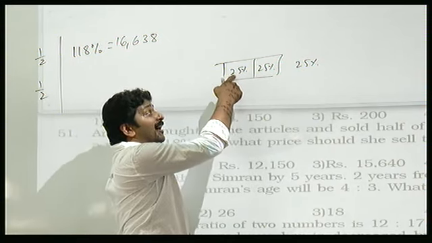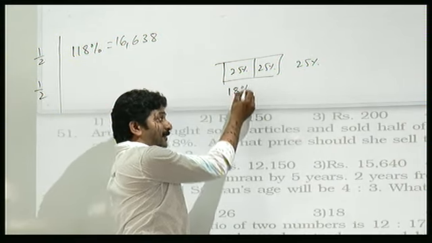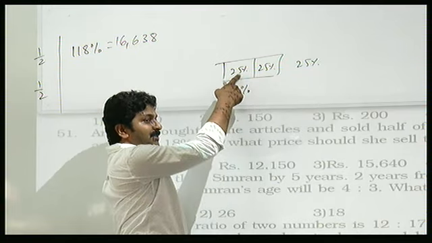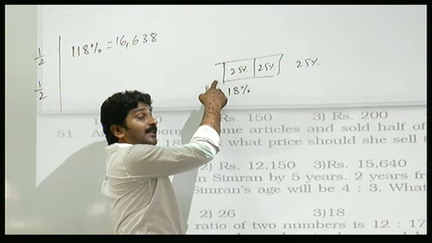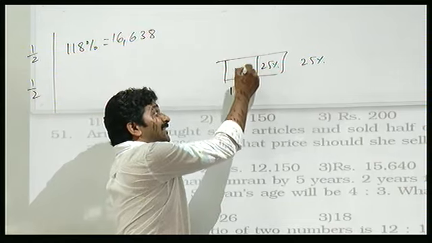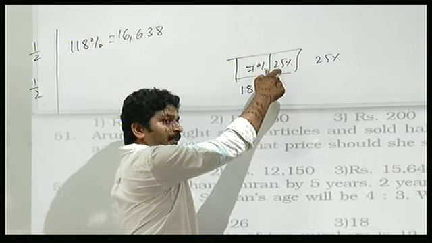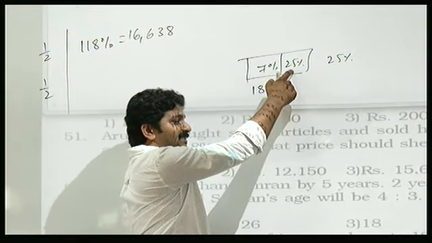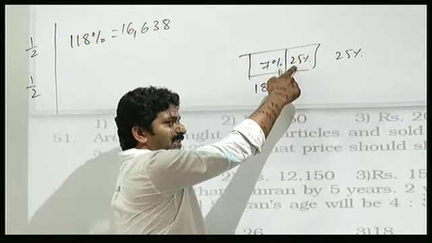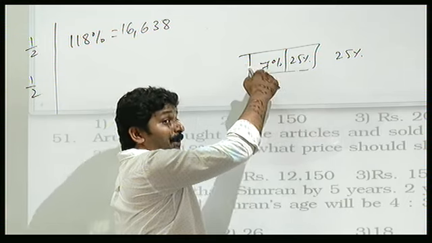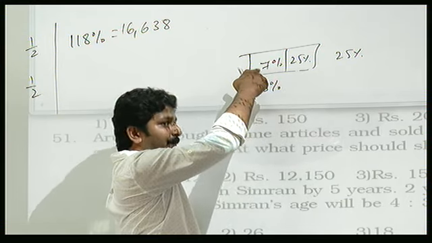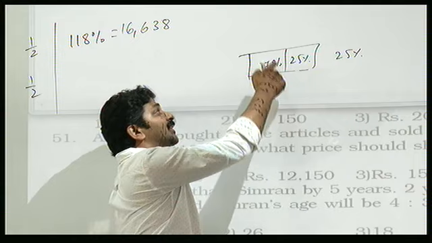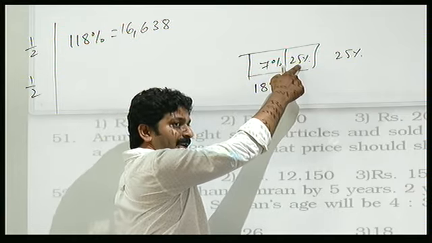So, the first half is sold at a profit of 18%. But we need 25%. So how much extra you need here? 7%. So you need this 7% from the second item only. As they both are equal quantities here, half item and this is half item, 25% is required on this, and to compensate the first one to make 25% from 18%, you need 7% from this item only. Yes or no?